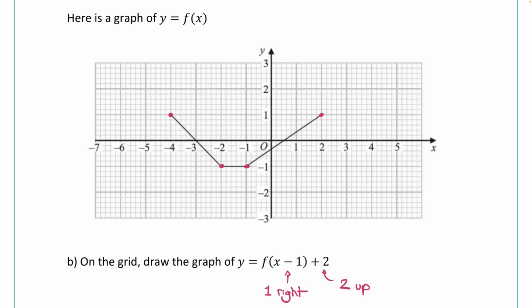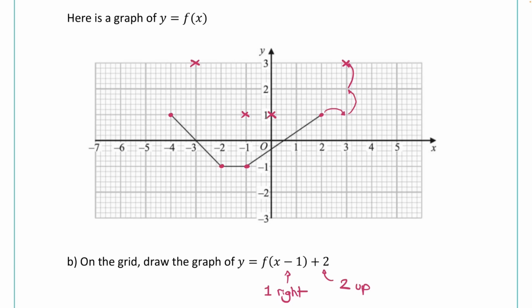So if I do the first one, right by 1 gets me to here, and then up by 2 would get me right up to the top, just here. For the other points, I'm not going to draw them all in because it'll be a complete mess. I'm just going to do it as I look at it. So right by 1, up by 2 gets me to here. Right by 1, up by 2 gets me to here. And the last one, right by 1, up by 2, gets me to there.